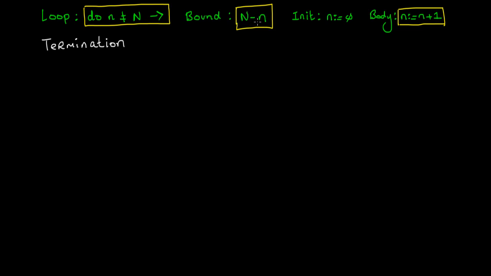So why is our bound function large N minus small n to begin with?